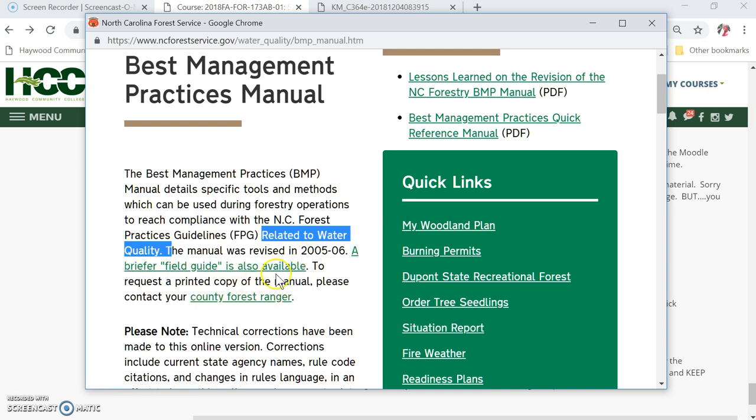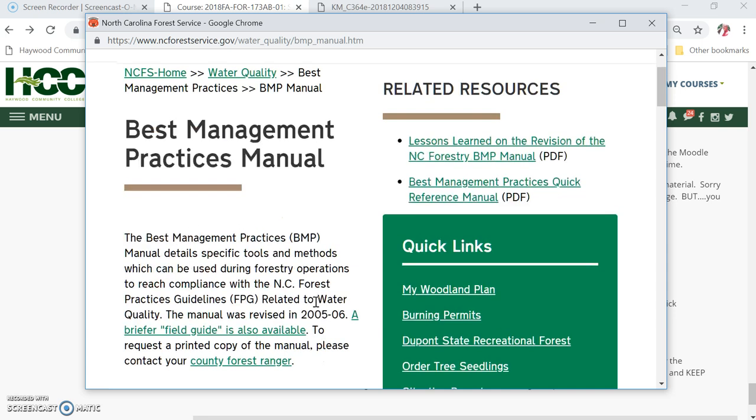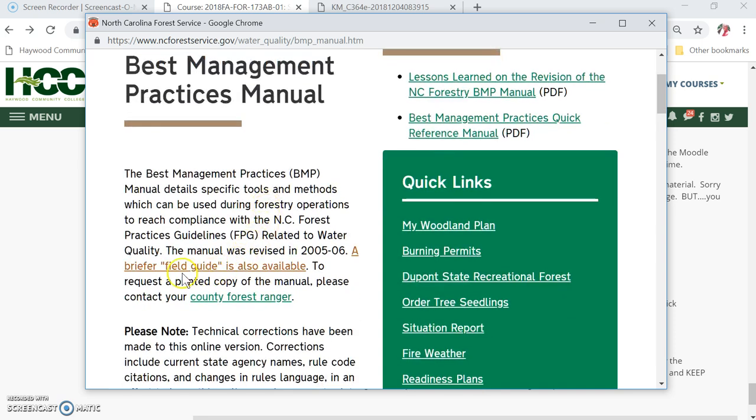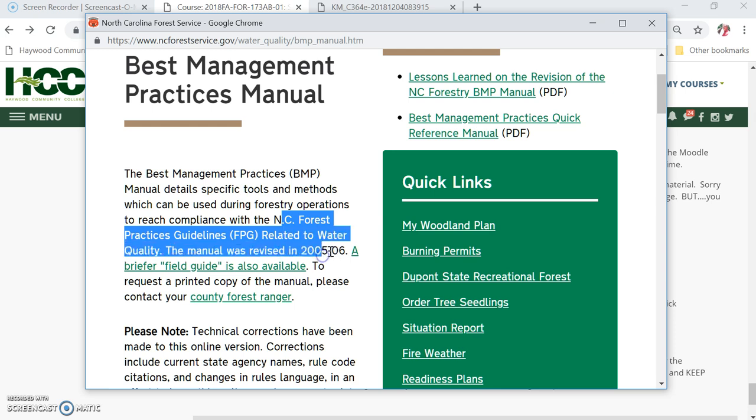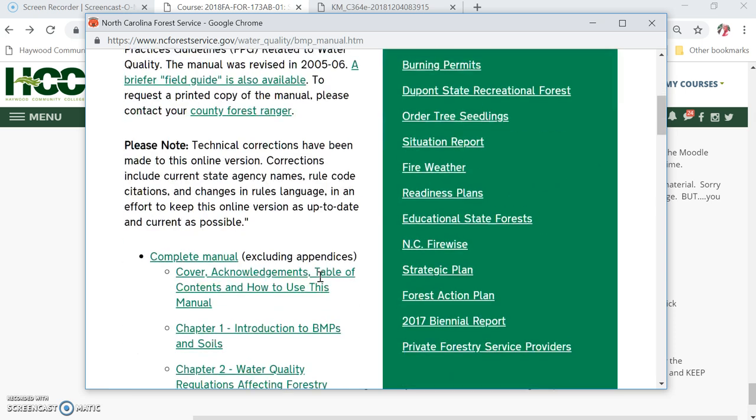What the state did is create these voluntary management practices, what we call BMPs, or best management practices. These BMPs are really suggestions and guidelines, and if you follow them very well when you're doing forest management, then you're probably not going to have any problems with breaking the law. So that's an important thing to remember.